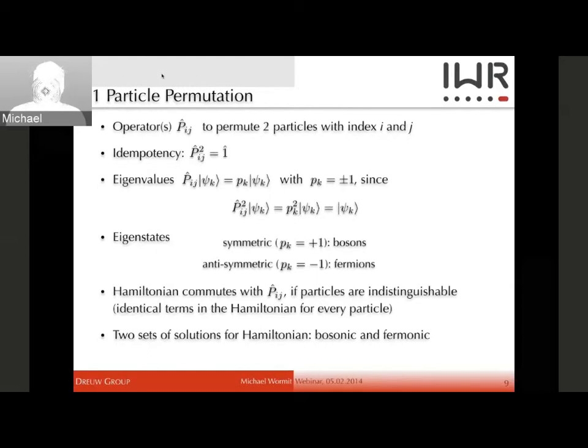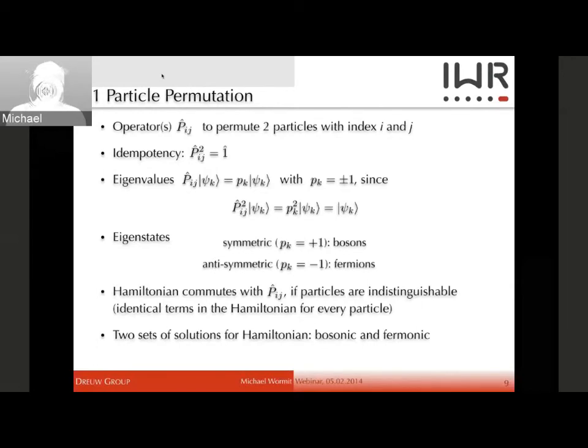If I apply Pij squared to psi k, where psi k is an eigenstate of Pij, then you would get pk squared out of this, and this has to be 1. So pk squared is 1, and the only two solutions of this equation are plus or minus 1.